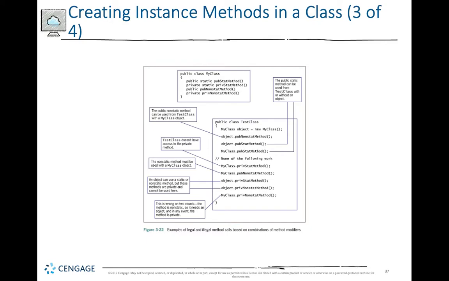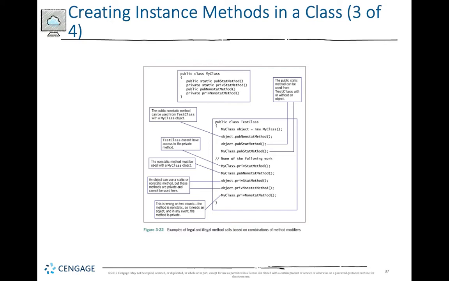This one, if it really is a static method, you can still access it that way because all static methods are still available from objects, but you don't necessarily have to do it that way. The one right below it, MyClass.pubStaticMethod, that's legal as well. You can do it that way.